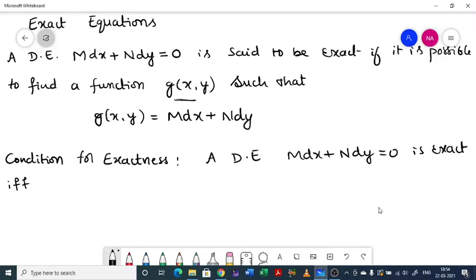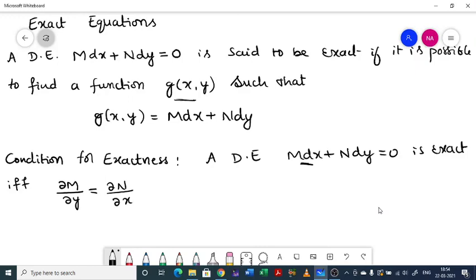If and only if means if this condition holds, then whatever condition I am going to write should hold, and conversely if this condition holds, then this must hold. One is completely depending on the other. In such a case we use if and only if. If and only if the partial derivative of m with respect to y equal to the partial derivative of n with respect to x.